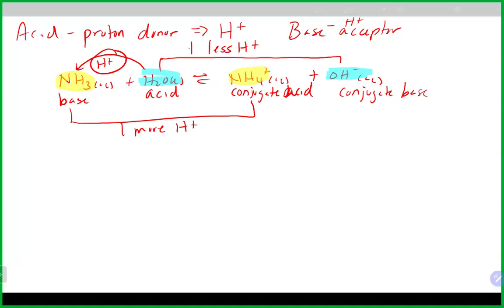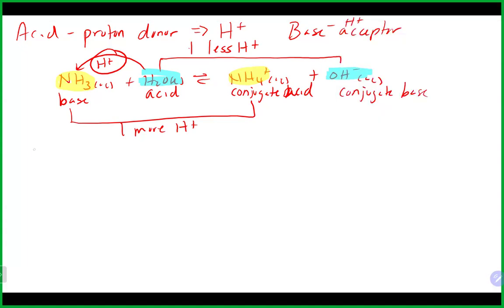Now, just to illustrate this with, for example, not water, but hydrochloric acid. If I take hydrochloric acid, which is a strong acid, and I have it in water, I could put water in my reaction here. And when I do so, this is my acid. And in this particular case, my water is going to act as my base.